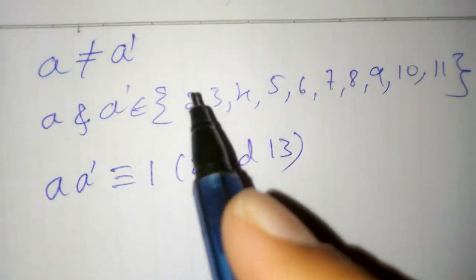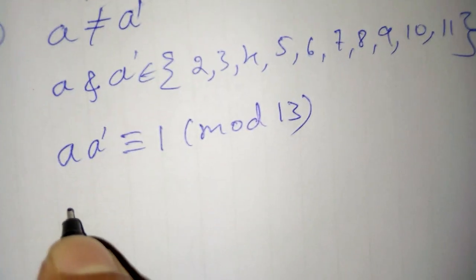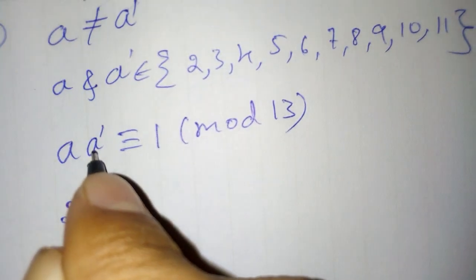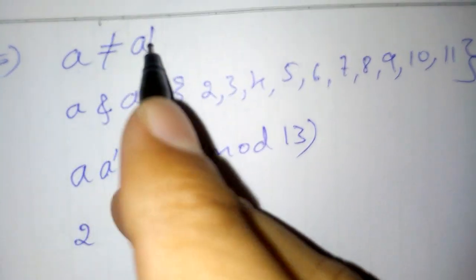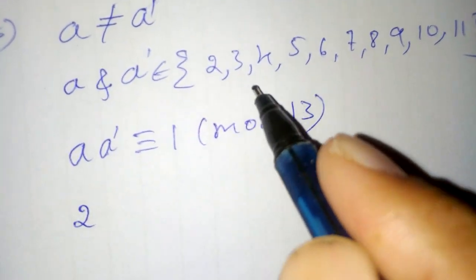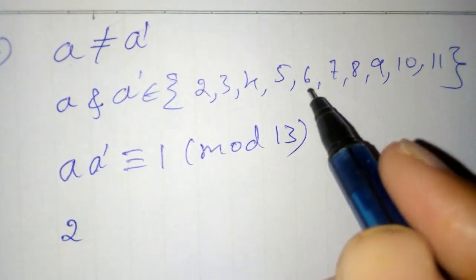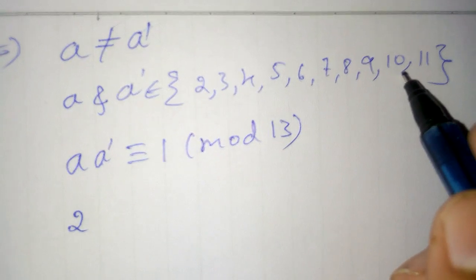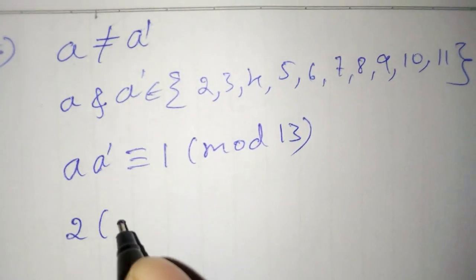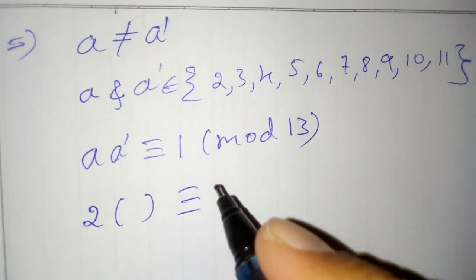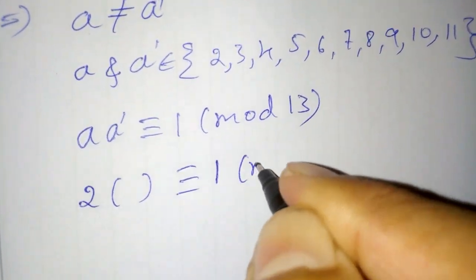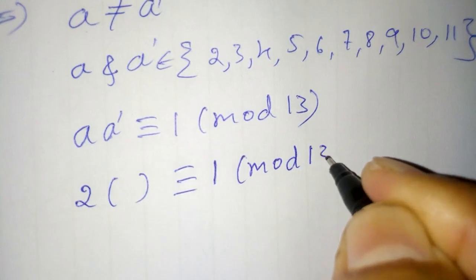Now if we take a is equal to 2, then in the place of a dash, which is not equal to a, we have to choose any one of these numbers such that the product gives remainder 1 when divided by 13.